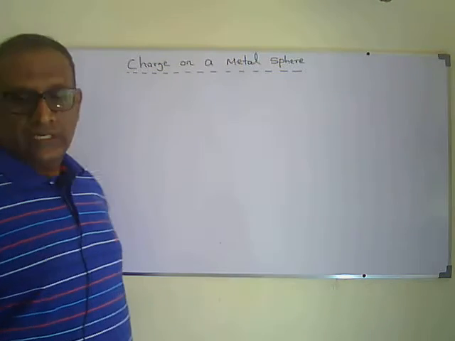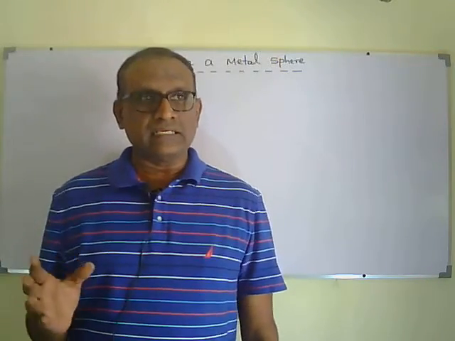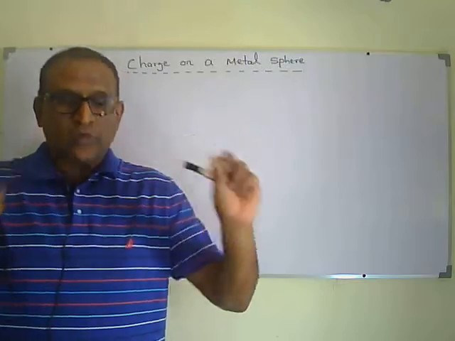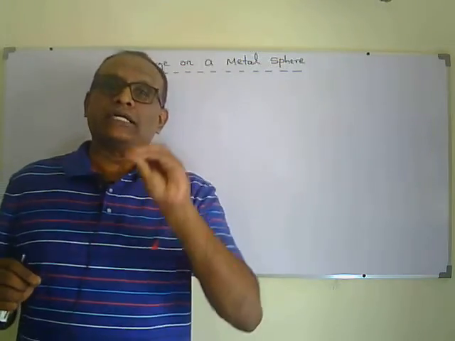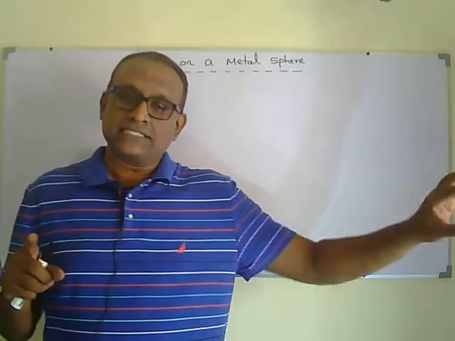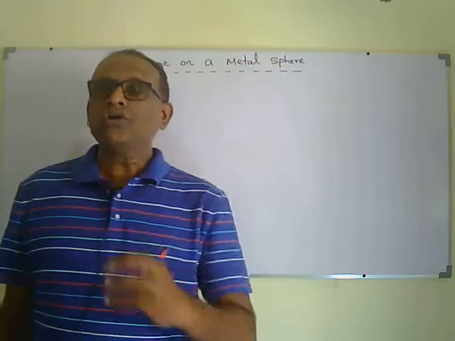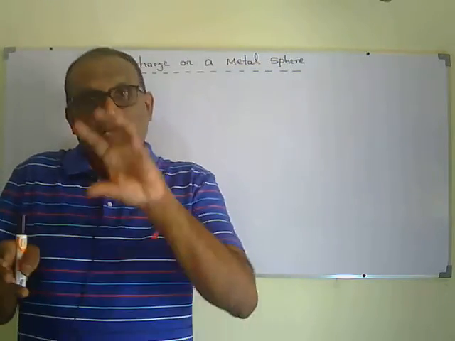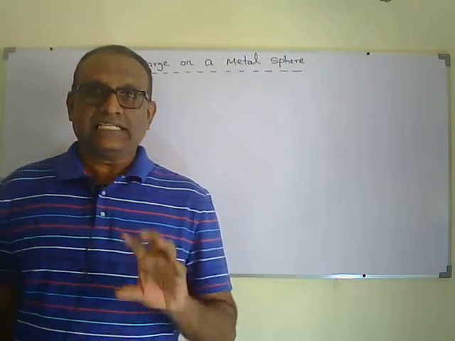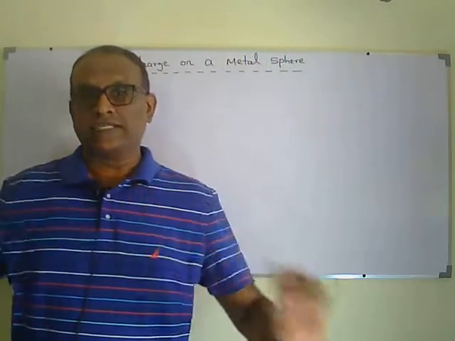Now, so far we learned about point charges, how to find the electrostatic force between 2 point charges, and how to find the electric field strength created by a point charge at a distance r from it. Now we are going to learn how to find the electric field strength created by a metal sphere, a conductor sphere, which has uniform distribution of charge on its surface.